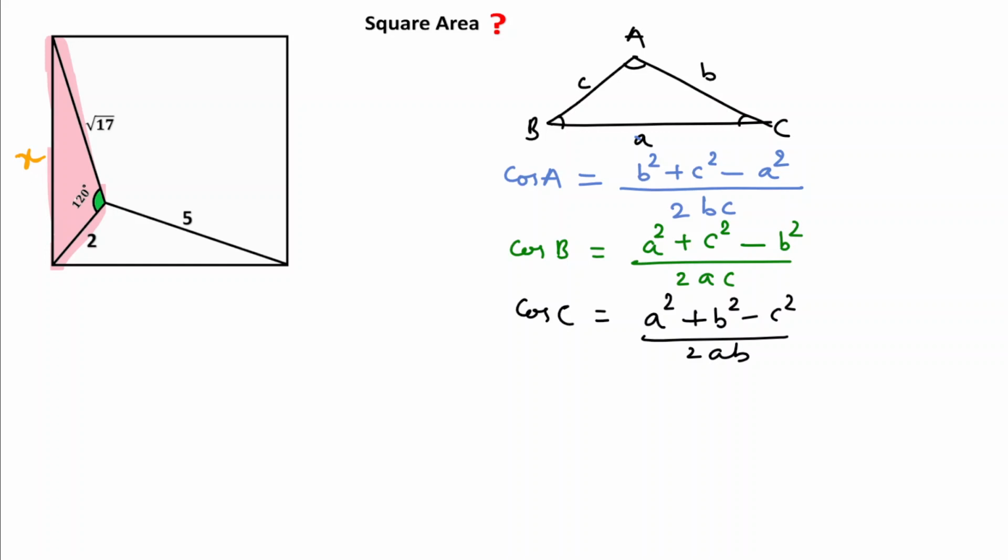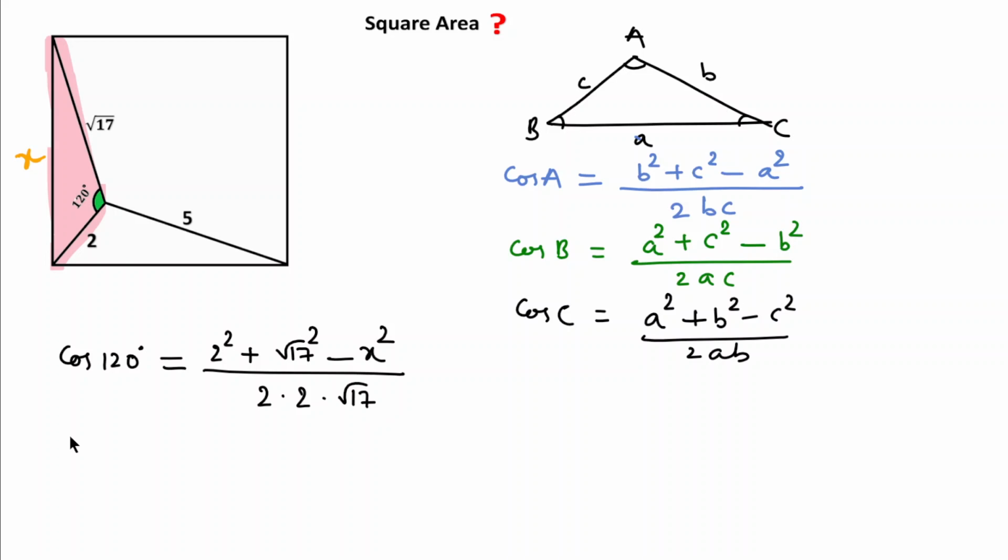For this angle of 120 degrees, we can write cos 120 degrees equal to the sum of squares of these two sides, that is 2 square plus root 17 square, minus x square, which is the unknown side, over 2 into 2 into root 17.